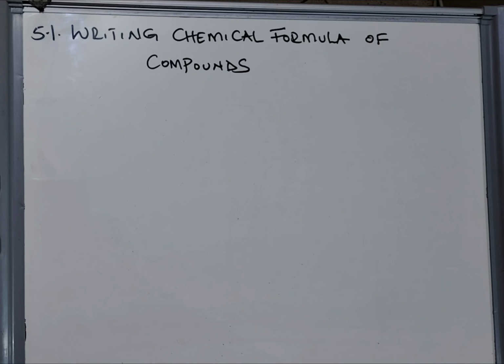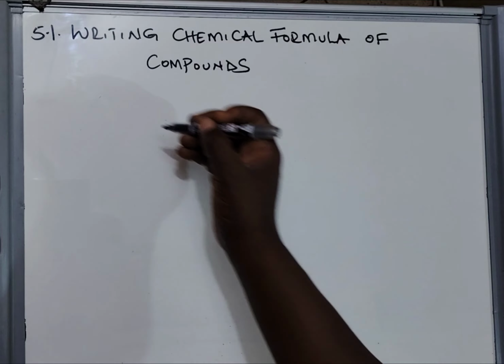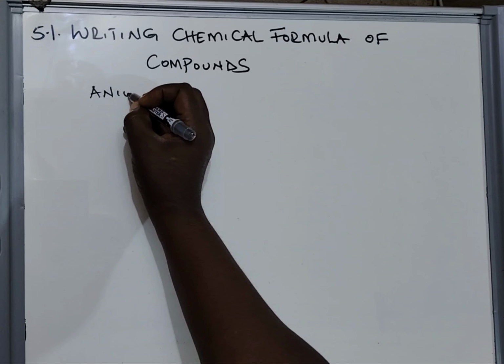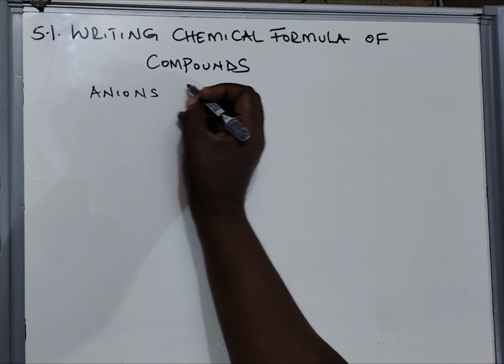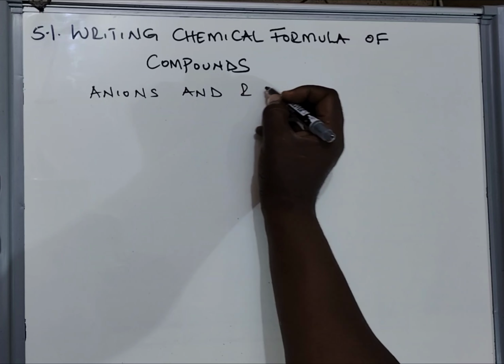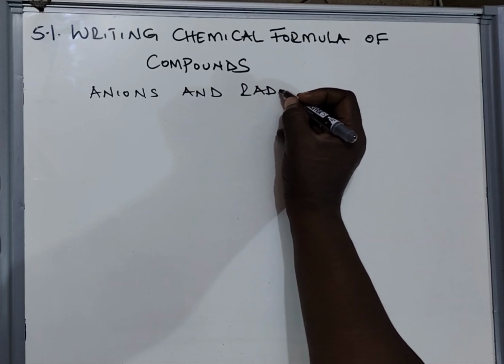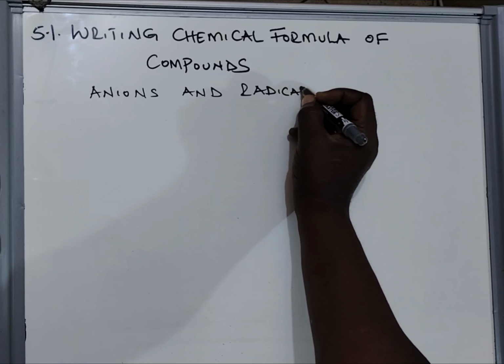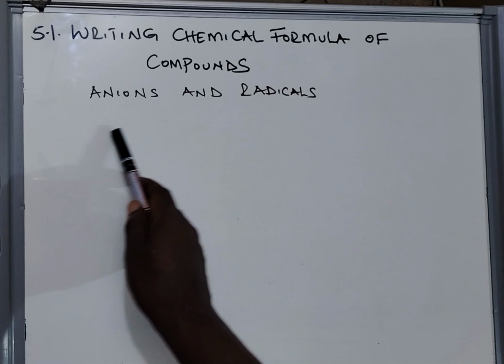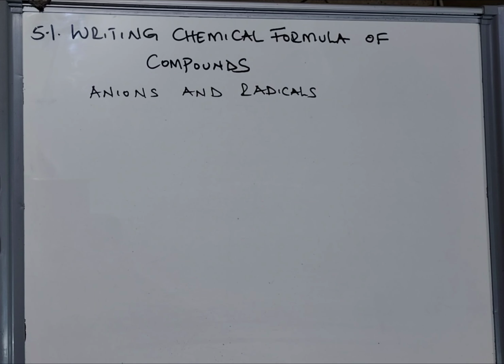So then we come to anions and radicals. These are very important also information of compounds.